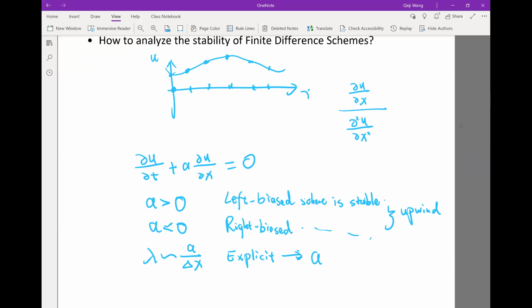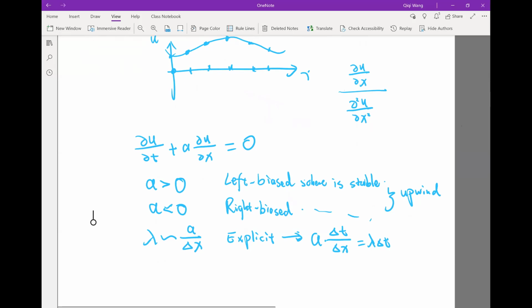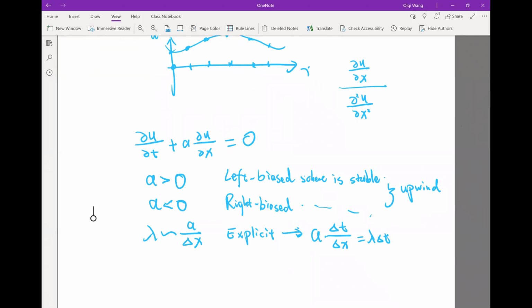So a times delta t over delta x is lambda delta t. So that's going to determine the stability of the ODE integration scheme. And this number, sometimes called a CFL number, is something you should consider when selecting an ODE integration scheme when discretizing a first-order derivative in PDEs.